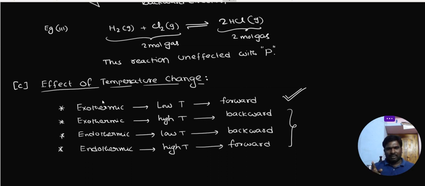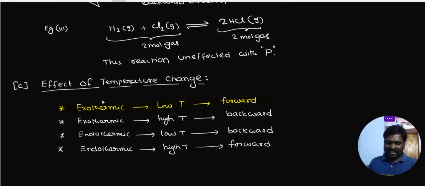If you increase the temperature abnormally, it will become endothermic, which means the reaction shifts in the backward direction. That's why exothermic low temperature forward, exothermic reaction high temperature backward. So very important. If you remember one sentence, exothermic low temperature forward, the remaining all you can rewrite.